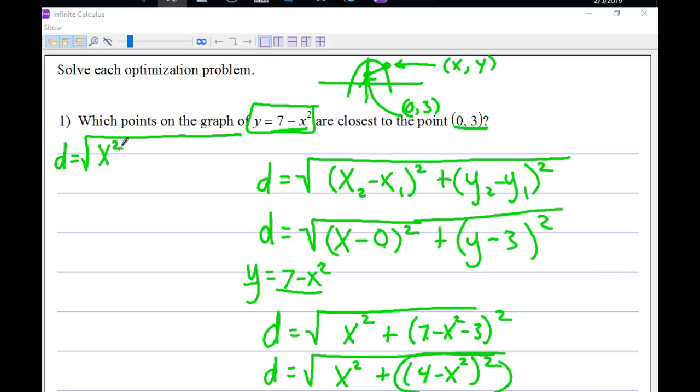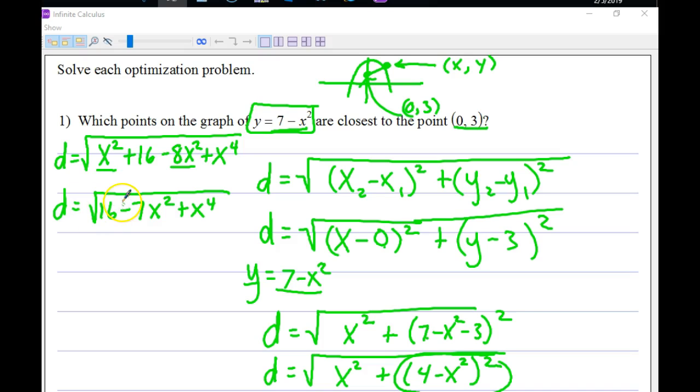If you FOIL that out, you're going to get 16 minus 8x squared plus x to the 4th. All right, so if we combine these two like terms, we have that. So now I've got my simplified primary equation. Now I want to find the minimum distance, so I want to minimize this. Now that requires me to find the derivative.